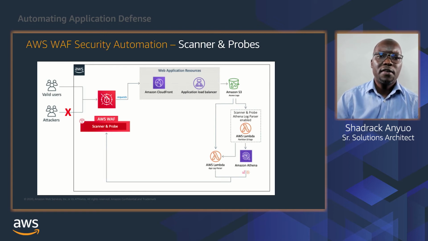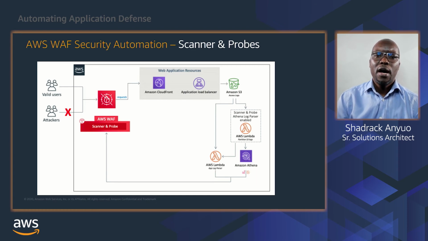This solution creates an AWS Lambda function or Amazon Athena query. Amazon Athena is a serverless interactive query service that makes it easy to analyze data in Amazon S3 using standard SQL.